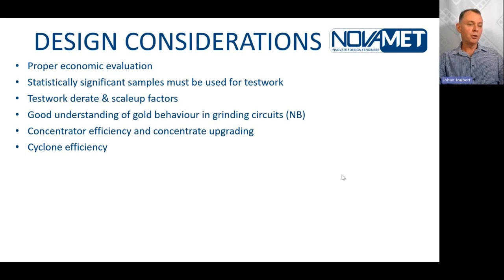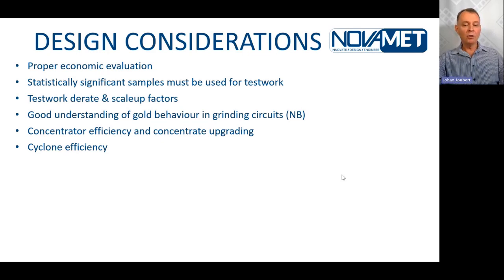When you do your modeling work, you'll see that cyclone efficiency has got a big effect on the actual outcome from these simulations. Now, in the olden days, we had pre-leach thickeners, but all new plants now don't have pre-leach thickeners. We run cyclones at much higher feed densities, which means they have lower efficiencies, which means we have more losses.